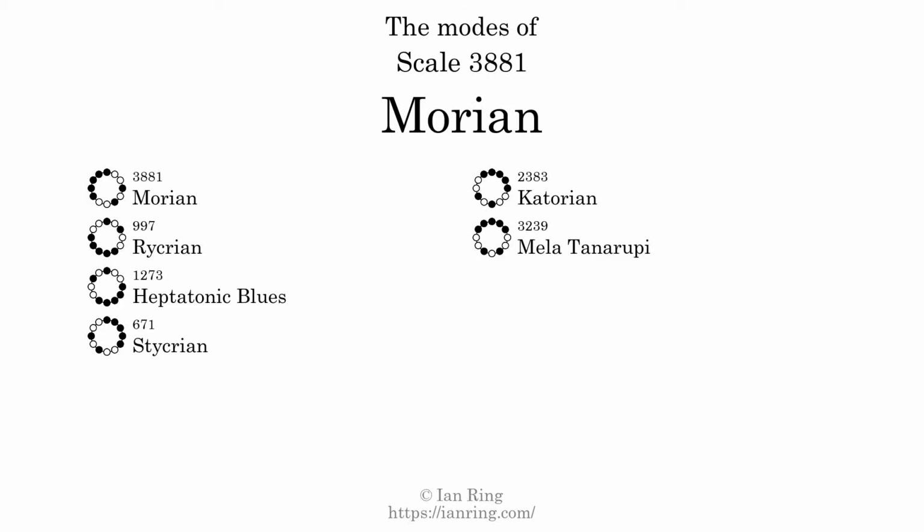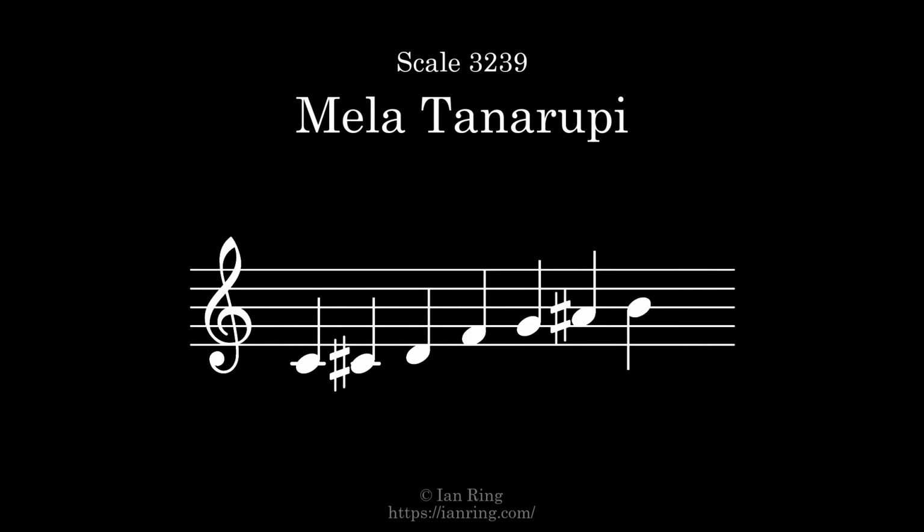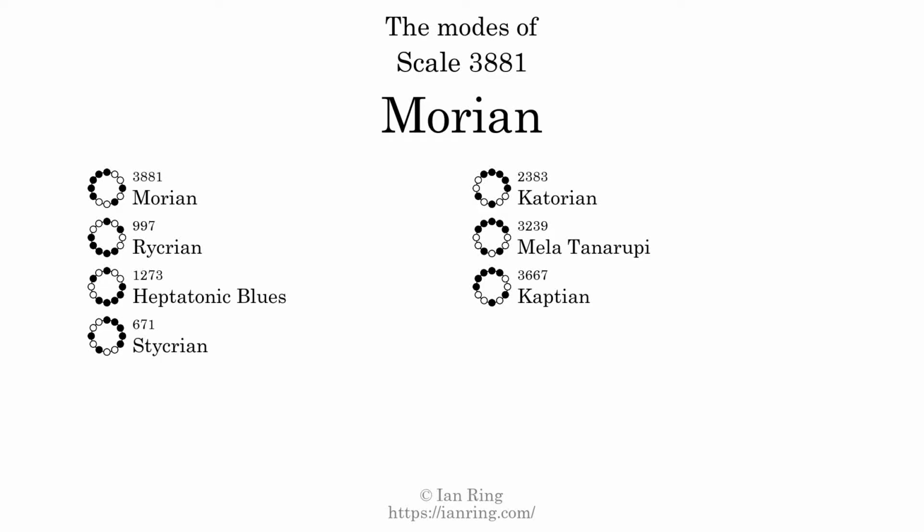The sixth mode is scale 3239, also known as Milatanarupi. It sounds like this. The seventh and last mode is scale 3667, also known as caption. It sounds like this.